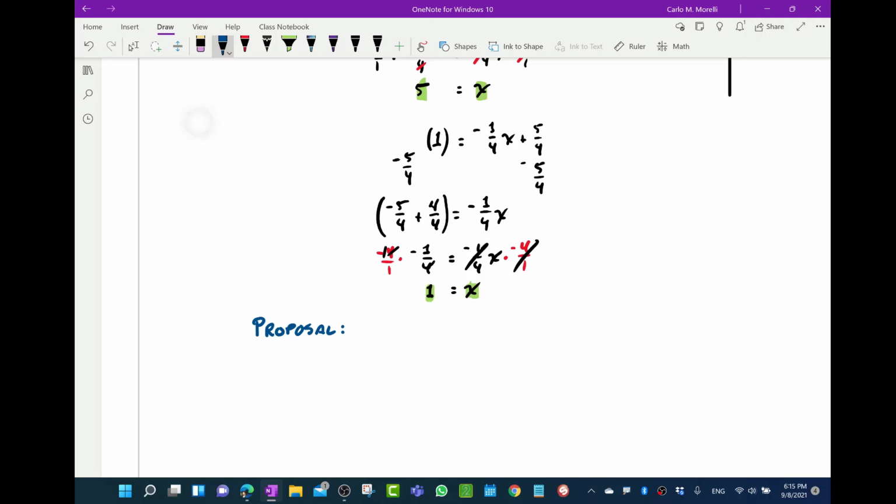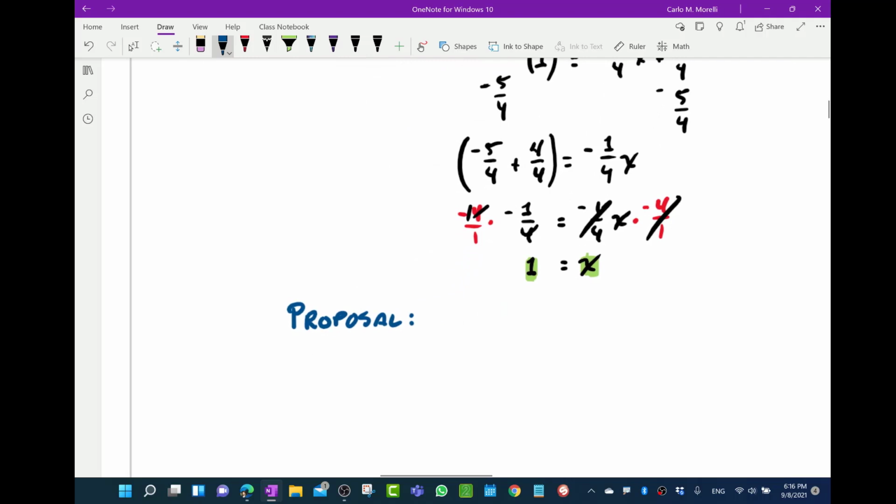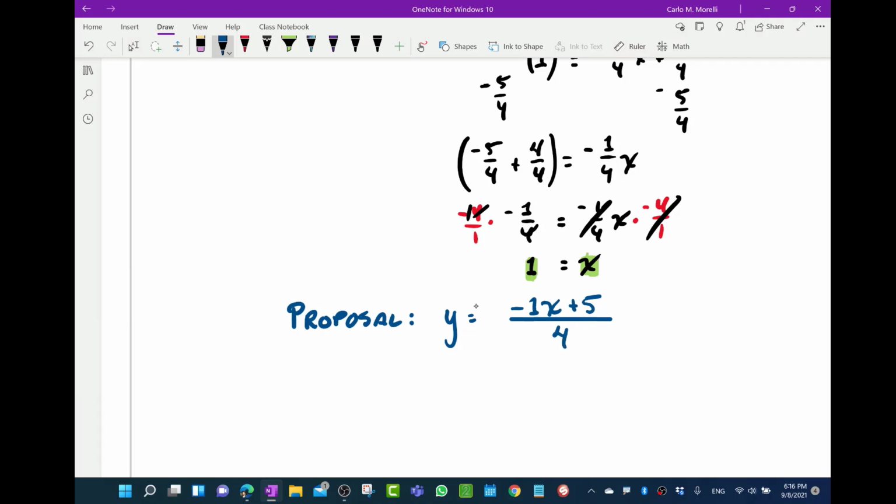We are proposing that y equals negative 1x plus 5 over 4 is the inverse function of g of x.